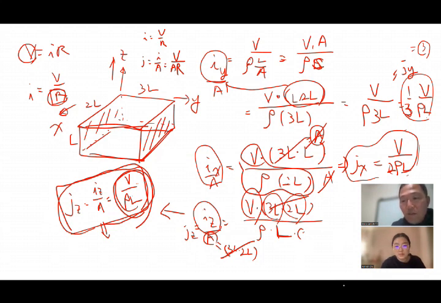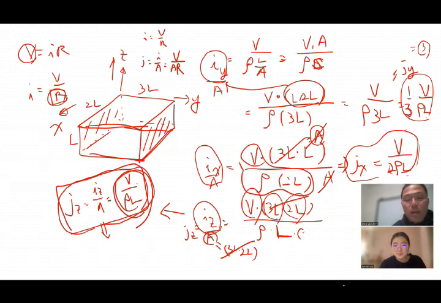Okay, so basically the current density has nothing to do with the cross-sectional area. The current itself is proportional to the cross-sectional area. Yes. The density is just like mass density, which has nothing to do with the volume itself.